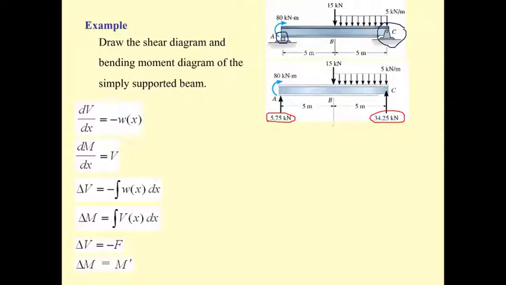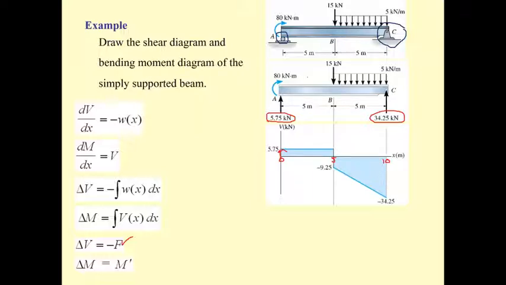And by doing this, again we draw the diagram by putting the X, and this one is 0, this one is going to be 5, and this one is going to be 10. And by doing this, it is upward, so this should be upward for 5.75.